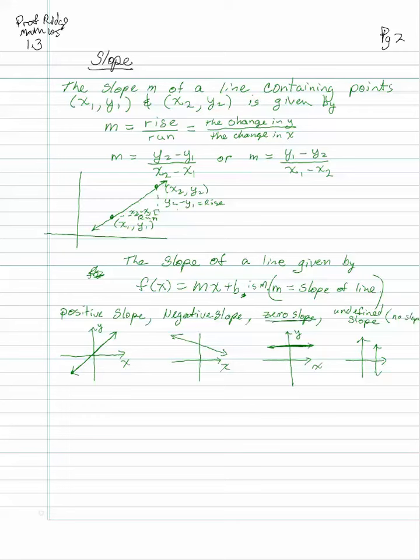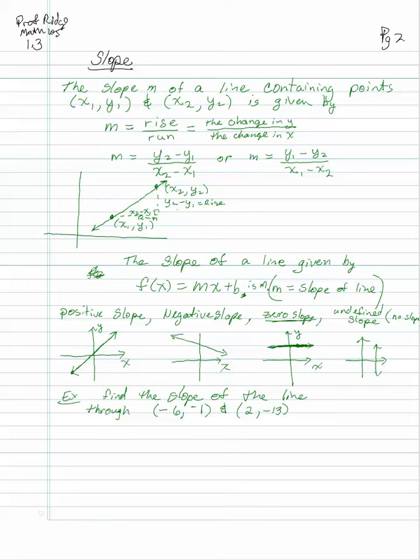Zero is a number, so 0 over 1. So you go up 0 over 1, up 0 over 1. So zero slope is different than no slope. Subtly different, but the lines are totally different. Horizontal, zero slope. Vertical, and just to keep from confusion, we'll say undefined.